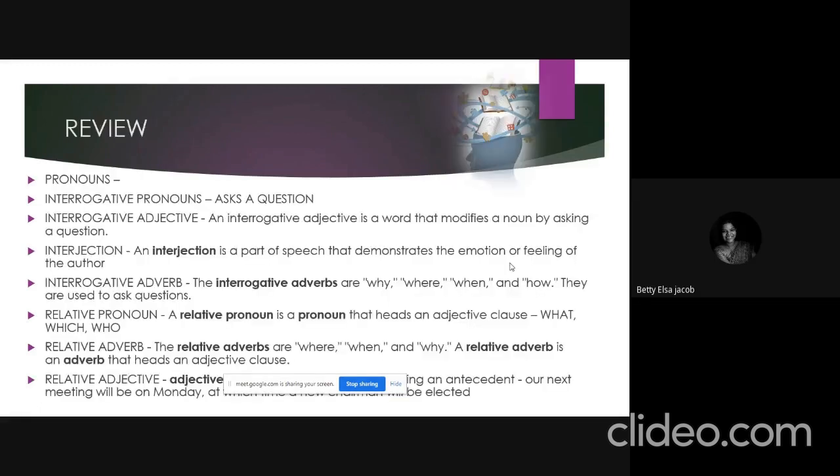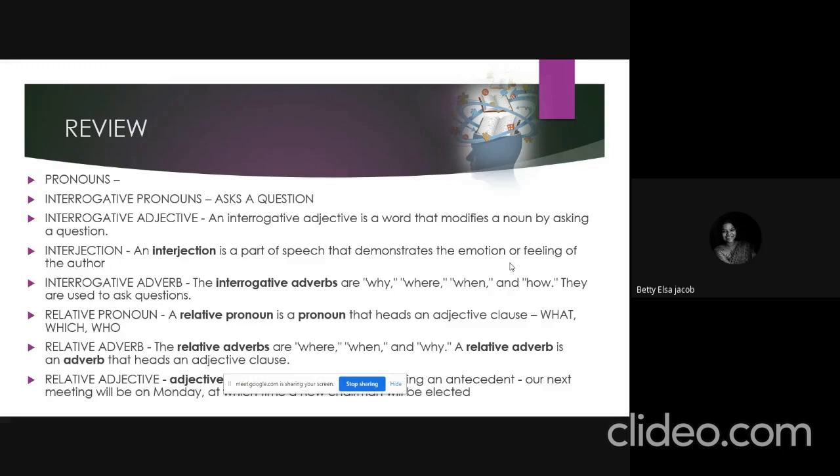Now, before we move into the functions, I would like you to remember or review what we learned in previous classes. When we learned about pronouns, we talked about the different types of pronouns. One type of pronoun is the interrogative pronoun. Interrogative pronouns are those words which can be substituted for a noun, and usually they are seen in a question. So interrogative pronouns ask a question.